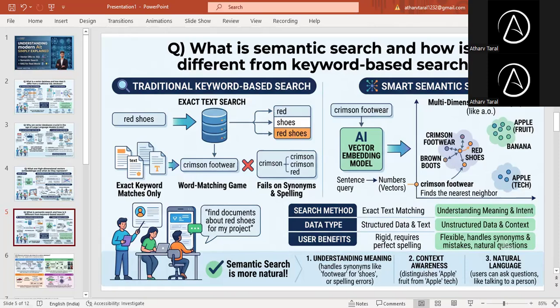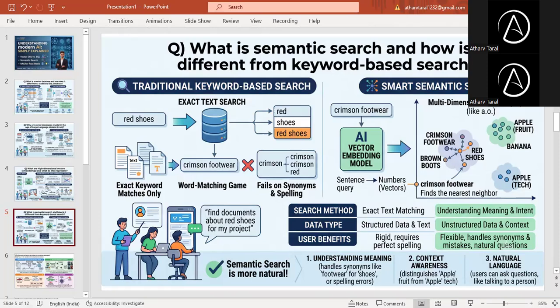If you type red shoes, it finds that in a database. But the problem is, if you type crimson footwear, which is like red shoes, it might not show you any result because the words do not match exactly. Even though the meaning is the same, it is nothing but a simple word matching game.